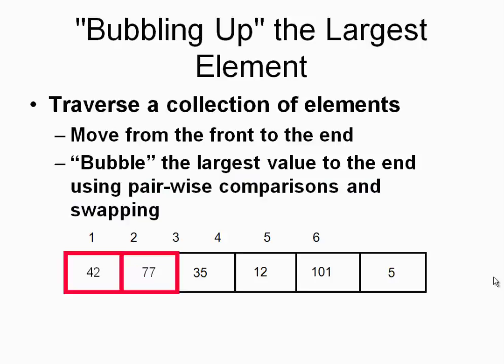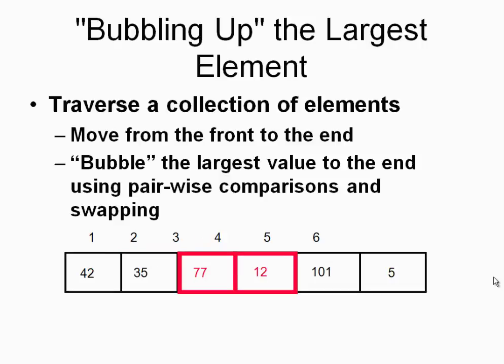Now 42 and 77 is the first pair selected and swapping will not take place because 42 is smaller than 77. Now the next pair 77 and 35 is compared, but 35 is smaller than 77, hence swapping will take place.